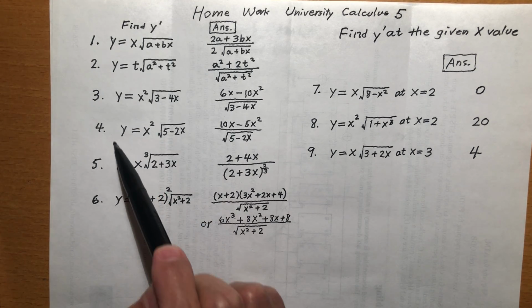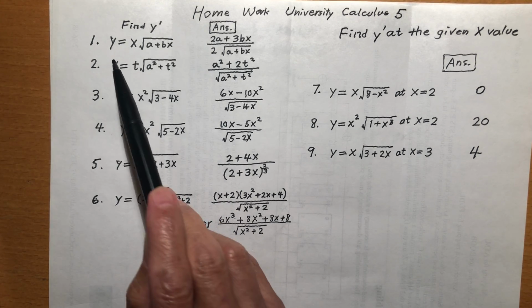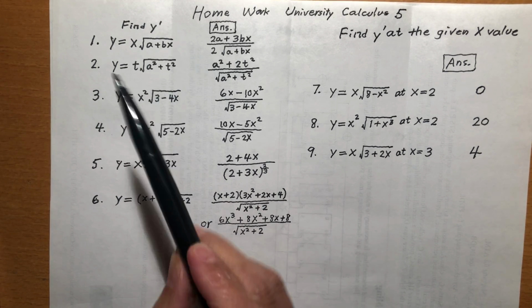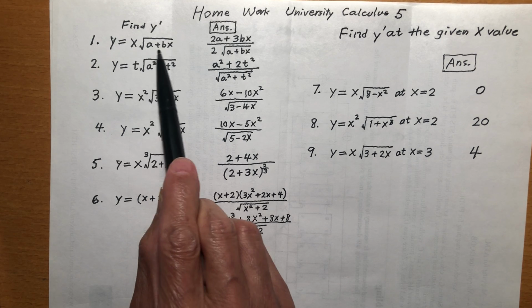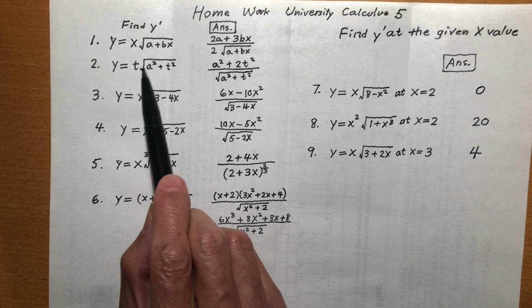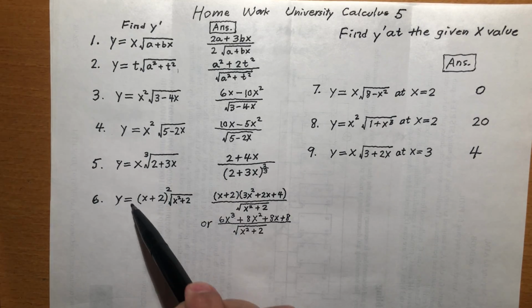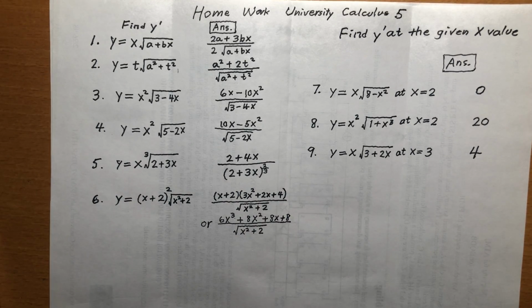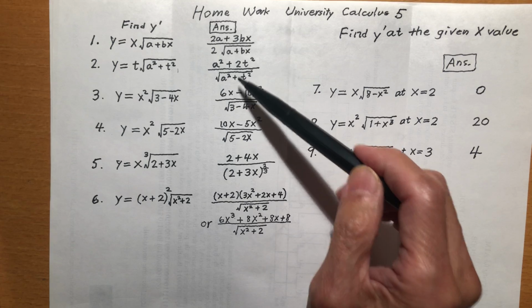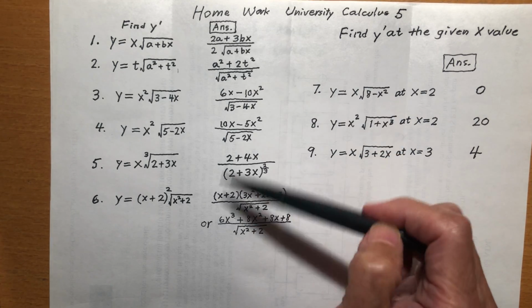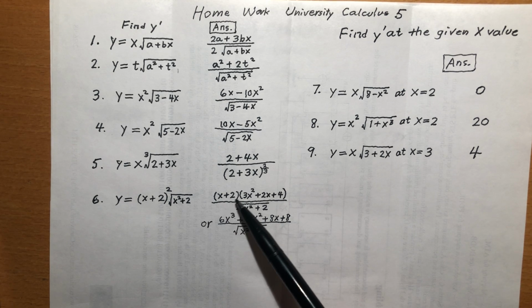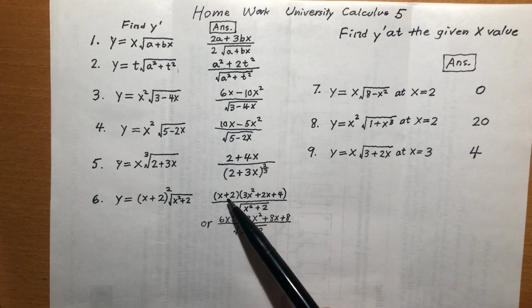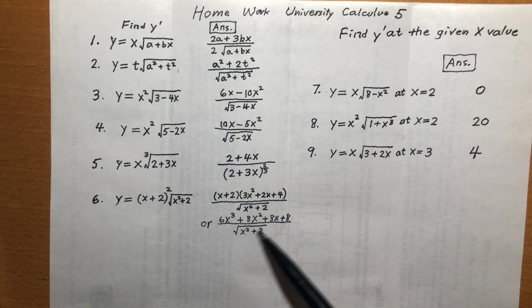These are the functions I give you. And you see the functions are the product of two functions. So this is a product of x and this square root. The product of t and this square root, and so on. You have a product. Apply the product rule. I give you the answers here so that you can check your work. These are the answers. The last one, you can either leave your answer in multiply form or you can expand it to get this answer. It doesn't matter.